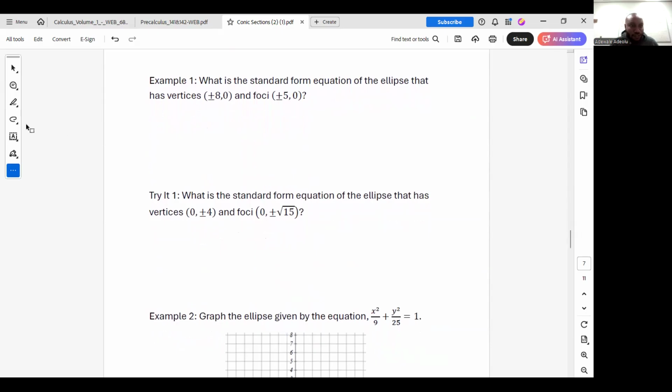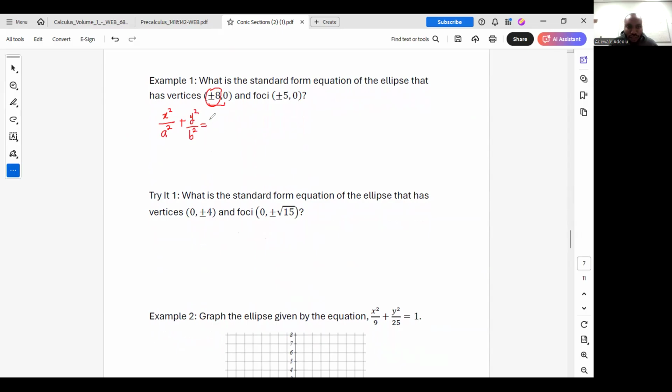What is the standard form equation of the ellipse that has vertices... look at it. My vertices are along the x component. That tells you that this equation is what is going to represent my situation.